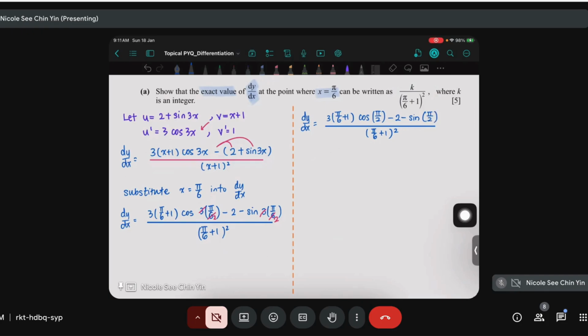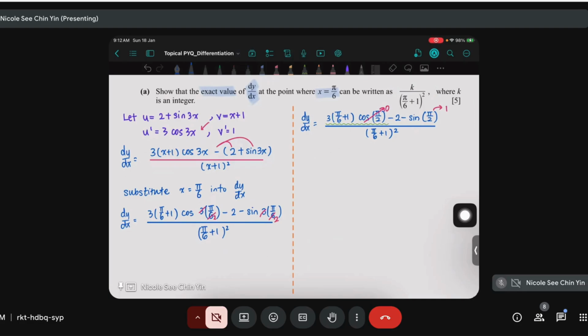Special angle again. Take cos pi over 2, here will become 0. So entirely this expression will become 0. How about sine pi over 2? This will become 1.